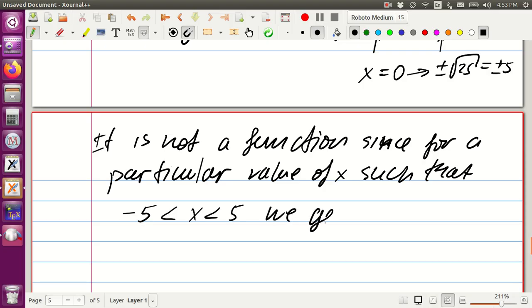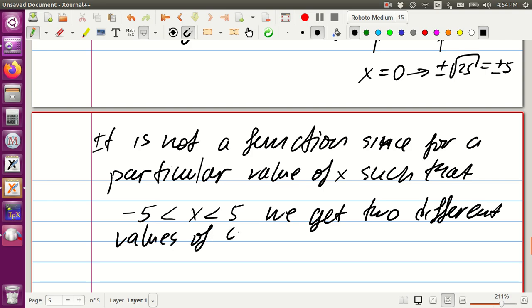So we get two different values of y, right? So we wouldn't pass a vertical line test.